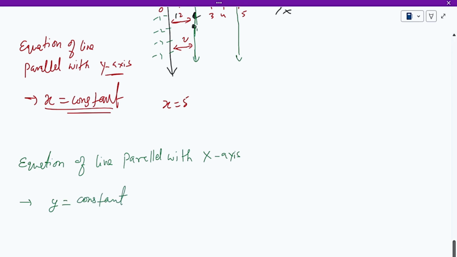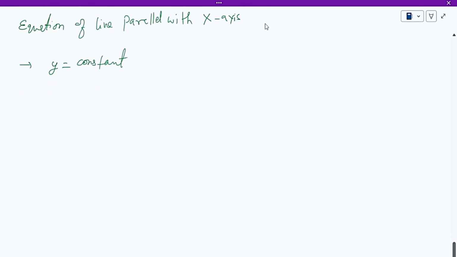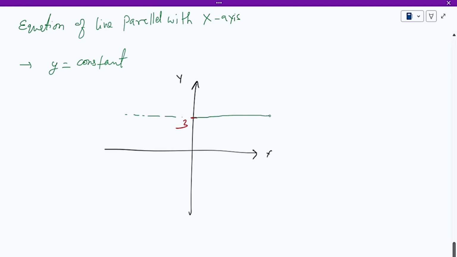Right? So let's say I'm drawing an x and y axis. This is x axis, this is y axis, and I'm drawing a line at y is equal to, let's say, 3. On this line, every point will have a y coordinate which is fixed, right?